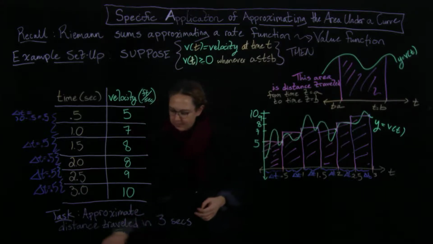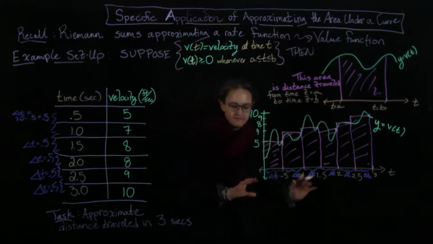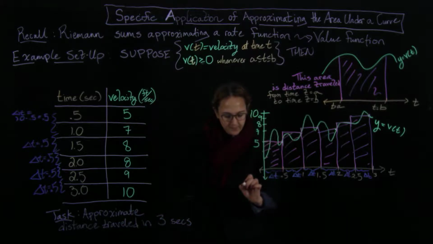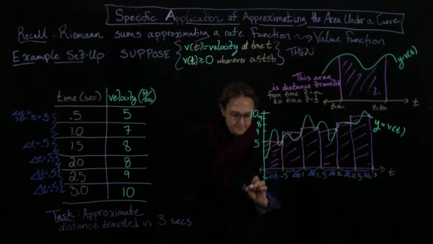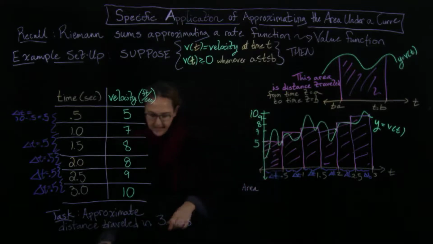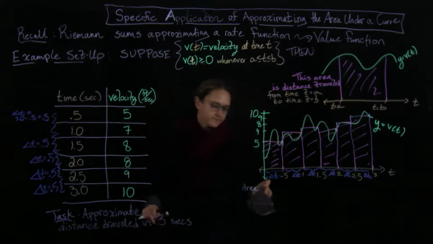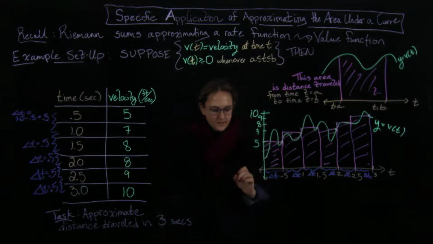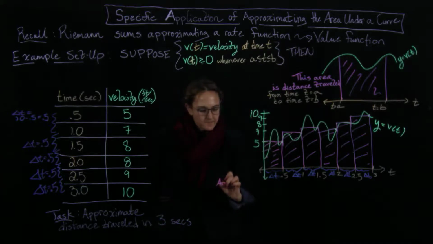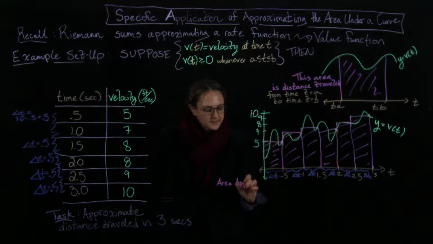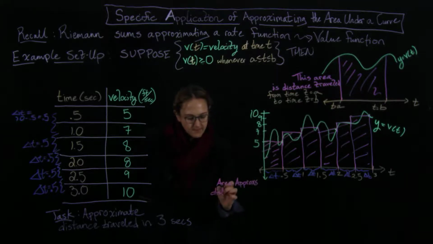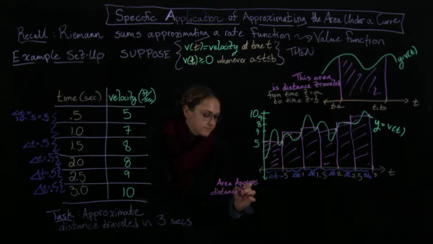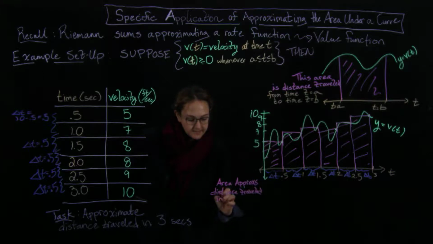So if I wanted to compute this approximation, the area of these rectangles is going to approximate the distance traveled in 3 seconds.